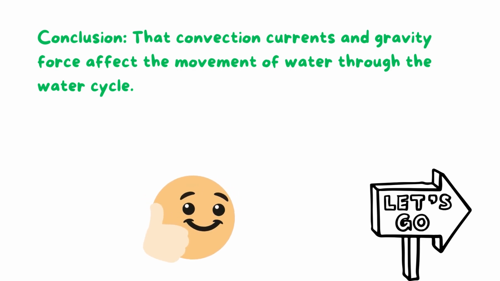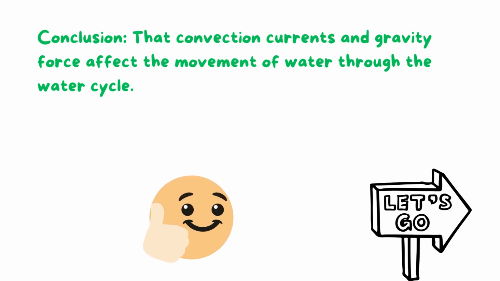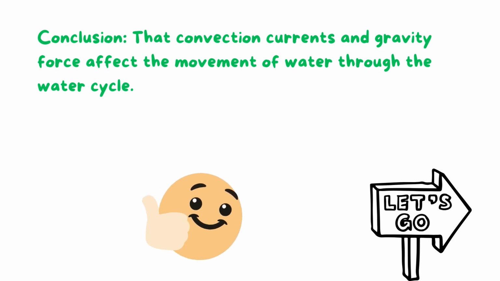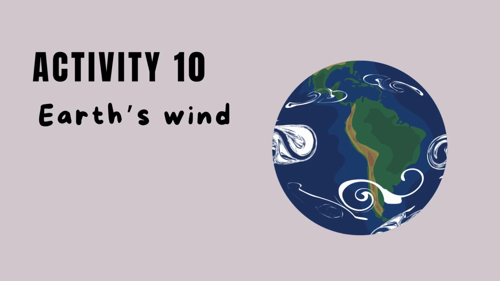And we conclude also that convection currents and the gravity force both affect the movement of water through the water cycle. Okay? For now, we will go to activity 10, which talks about the wind.